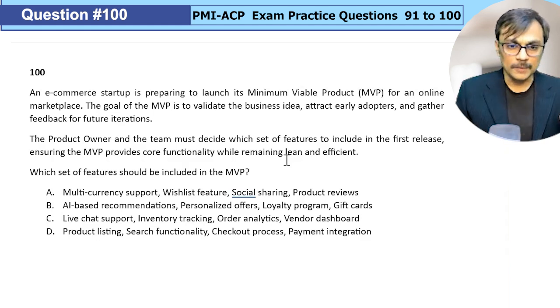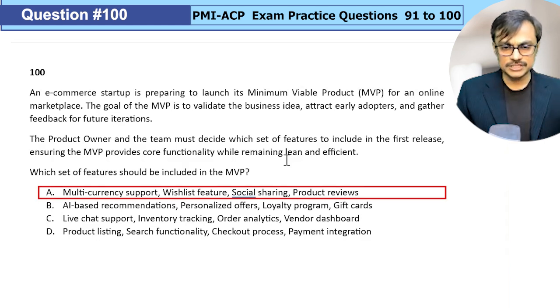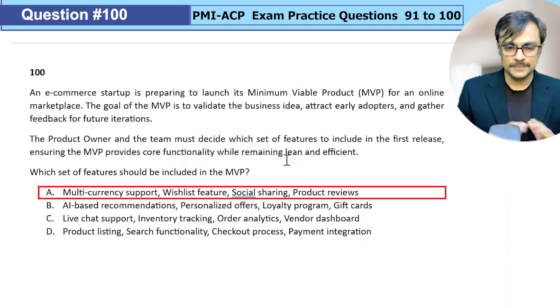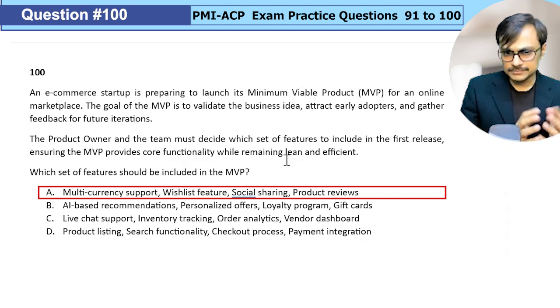Let's see. Option A: multi-currency support, wish list features, social sharing, product reviews. Usually social sharing is not that important. Multi-currency support may not be there in an MVP alone. It depends, but it doesn't look like very core functionality, though maybe important.